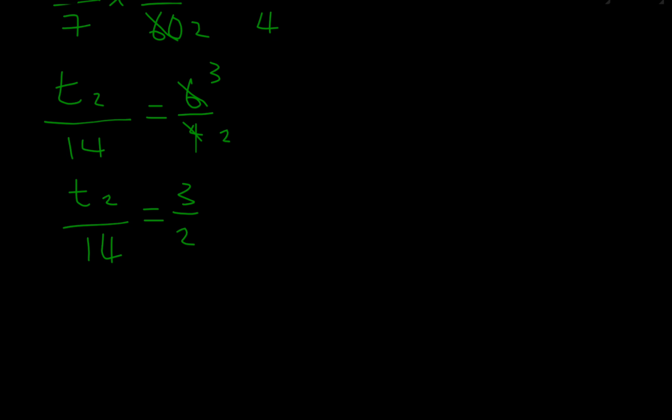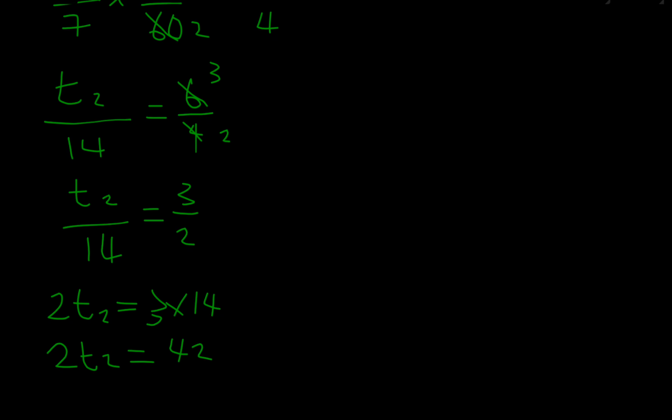The T2 multiplied by the 2 over this side becomes 2T2 equals 3 times 14. So 14 times 3, you get 42. So you say 2T2 equals 42.